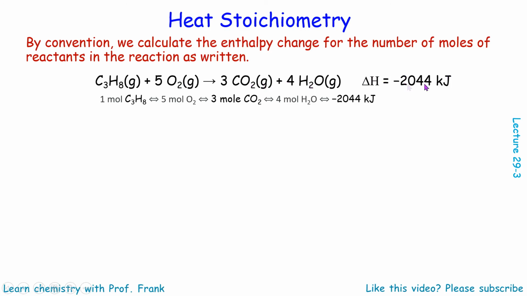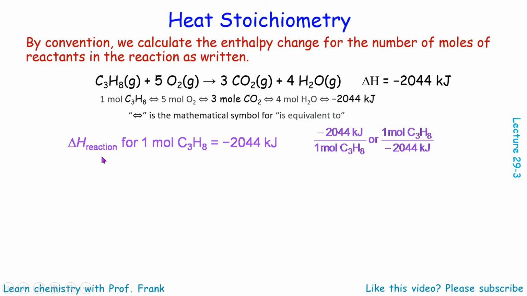Now, we added this heat part, so we can further say 1 mole of propane is equivalent to negative 2044 kilojoules. Those are the relationships in heat stoichiometry. We can also say that the delta H of reaction for 1 mole of propane, you see the coefficient is 1, is negative 2044 kilojoules.